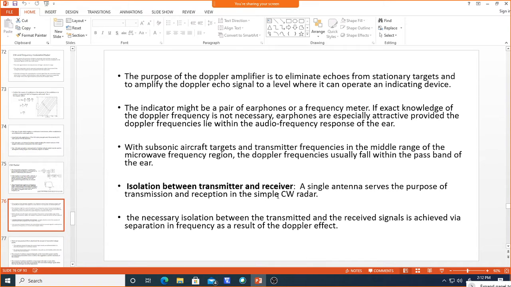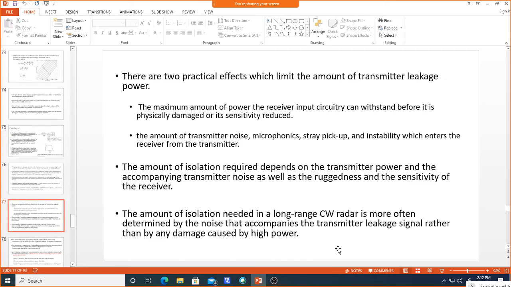That's how we can use the duplexer, and we can also use a circulator, so that we can give the transmitted signal and received signal to the ports of the circulator and get the isolation between transmitter and receiver.